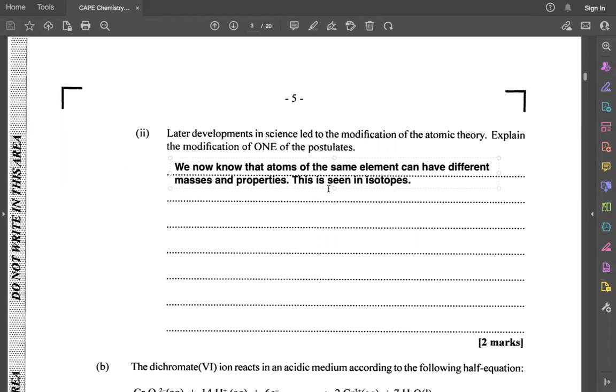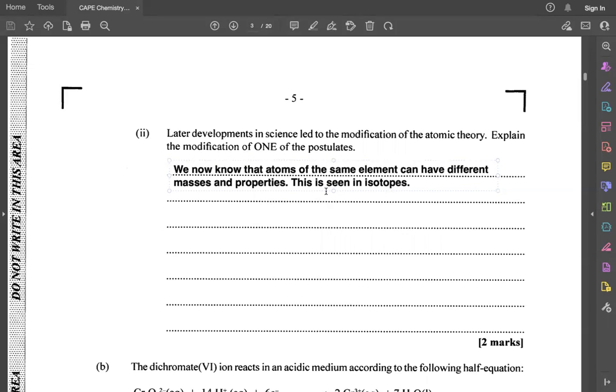Because remember what an isotope is, right? Isotopes are atoms of the same element that have a different mass. So a classic example of an isotope would be chlorine.